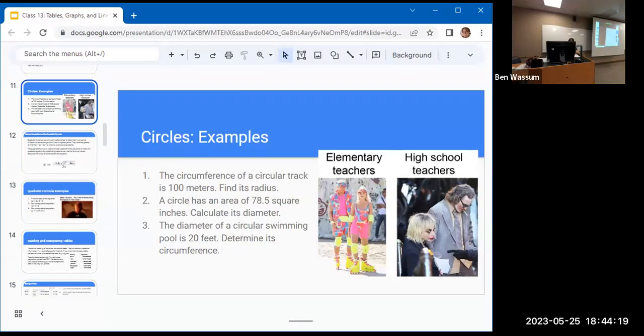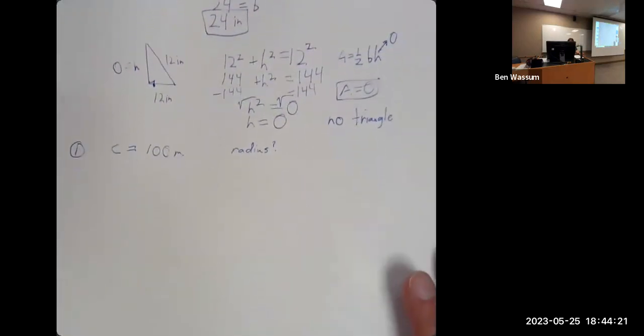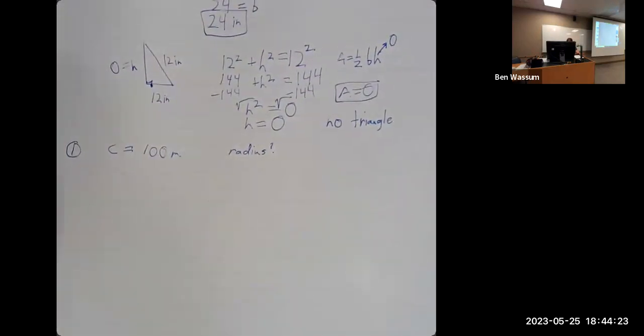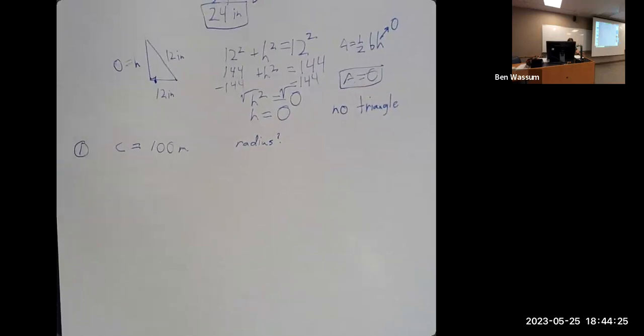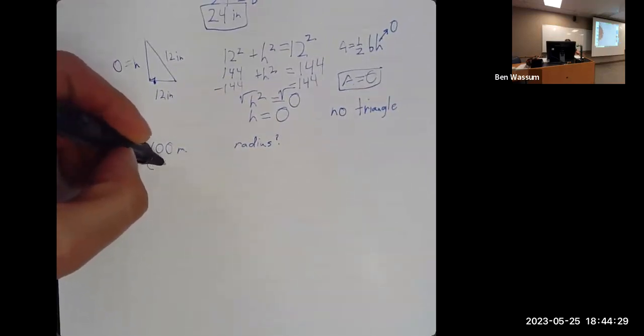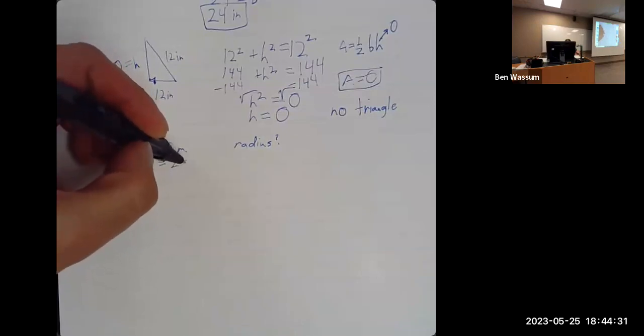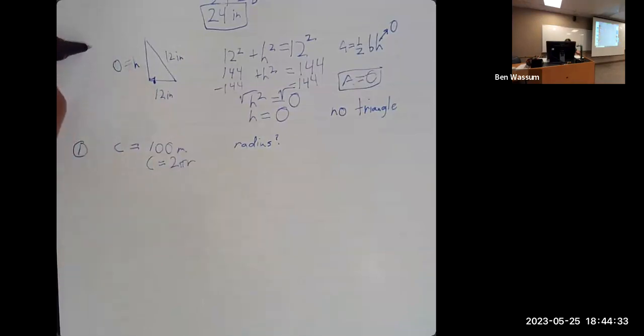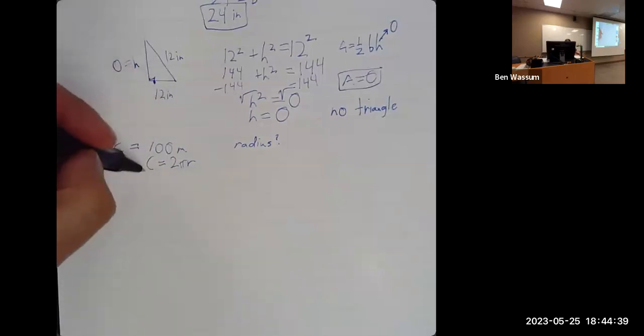And this one's particularly simple, actually all the examples for circles are simple. Because all we have to do, well, we have our formula is 2 pi r, and we know the C, we just don't know the r. So we just solve for it.